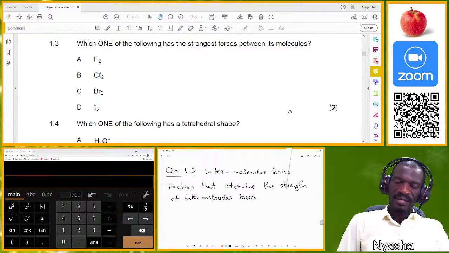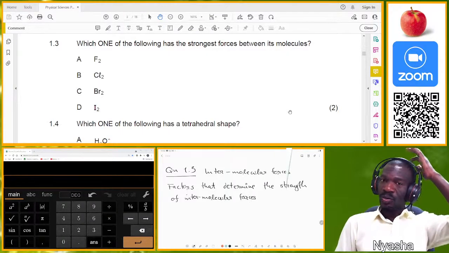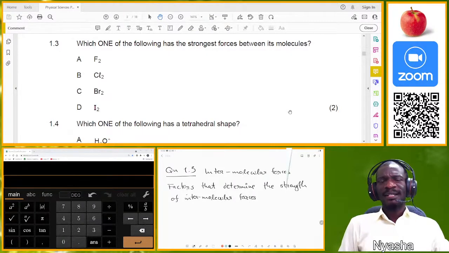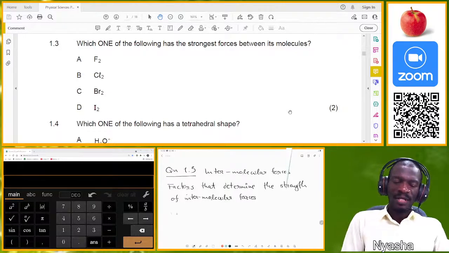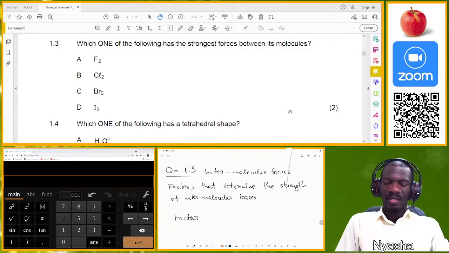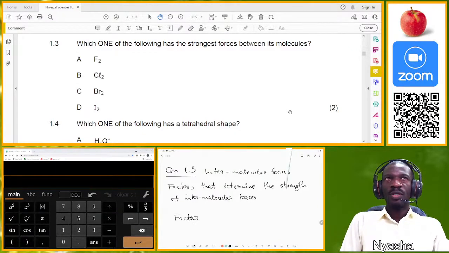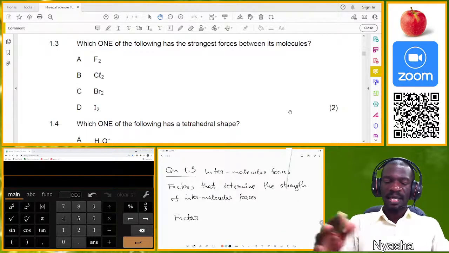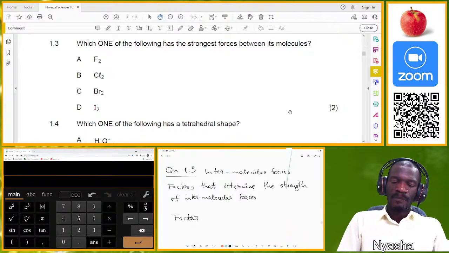So what are the factors? Let's just tabulate this. We will have a list of the factors, and then we will categorize them, and we will say the first gas there is fluorine gas.